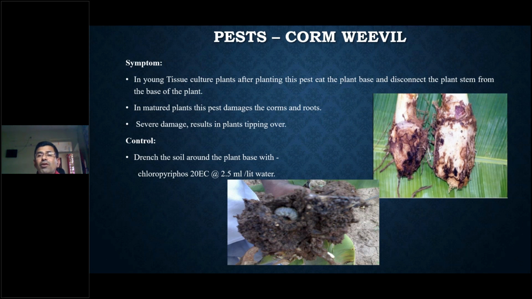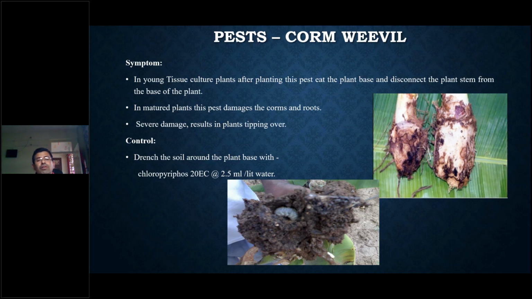In grown plants, it drills the entire rhizome portion of the suckers and blocks the nutrient and water movement to the plant leaves. When the plant is severely affected by the rhizome weevil, it easily falls off when you push it.